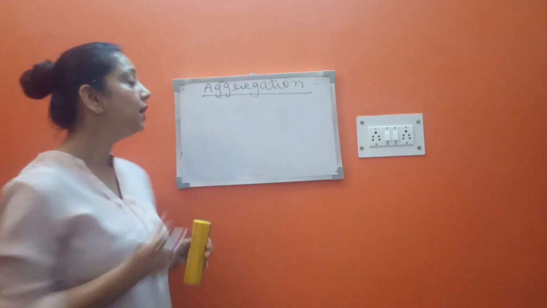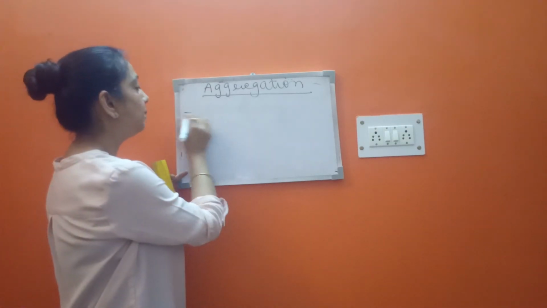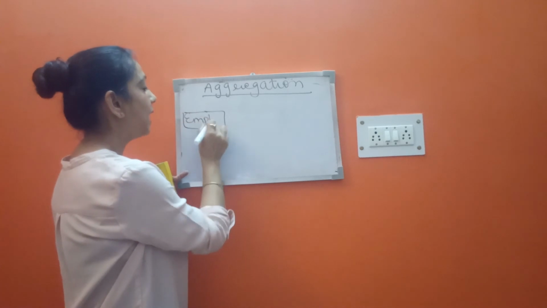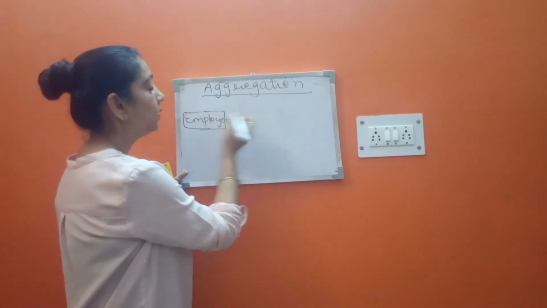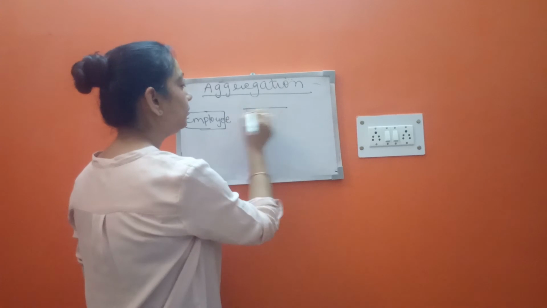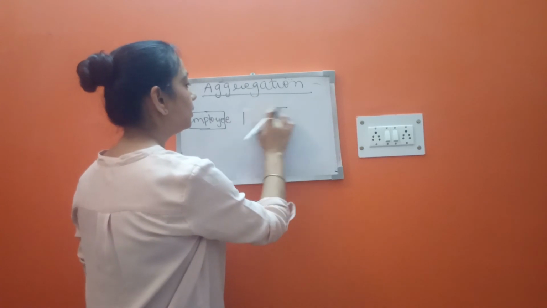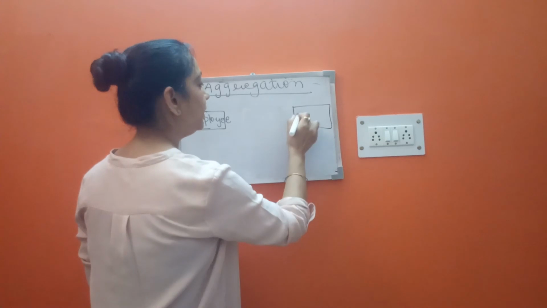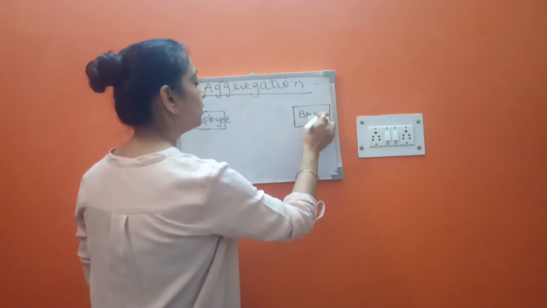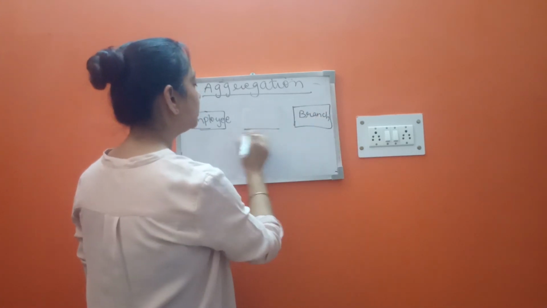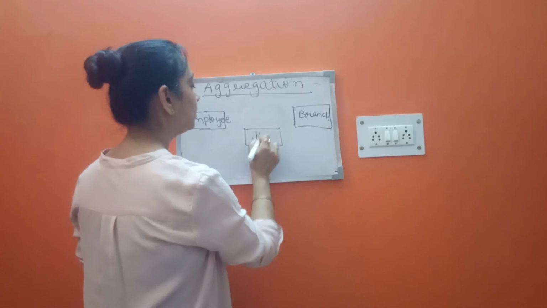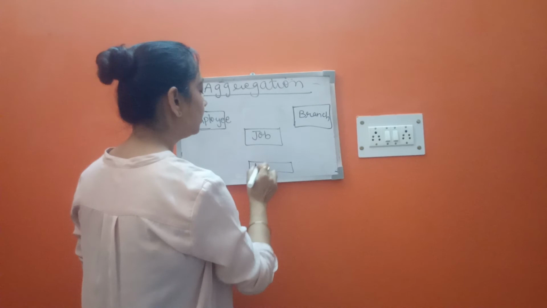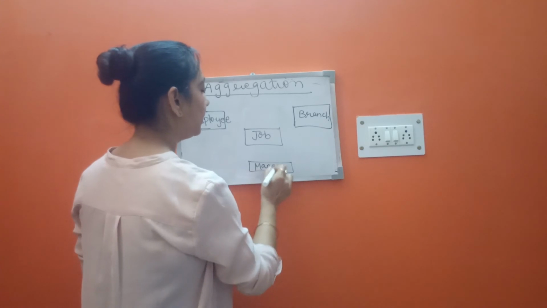So basically, say for example, I have an example of an employee. I have an employee, I have a branch entity, I have this job entity, and I have a manager entity.